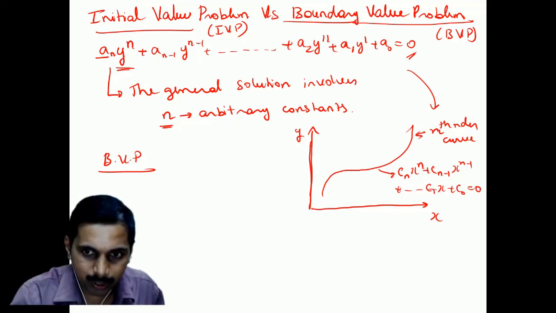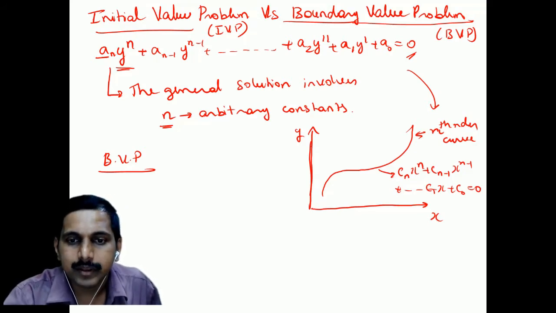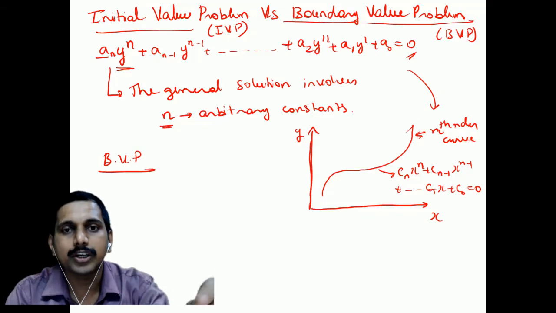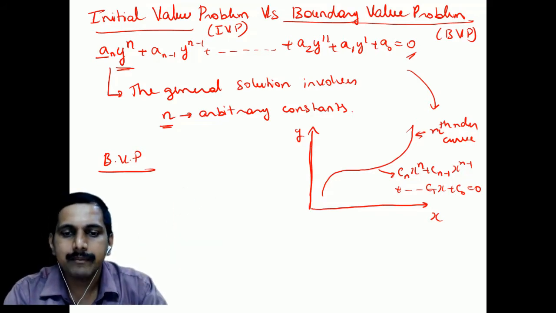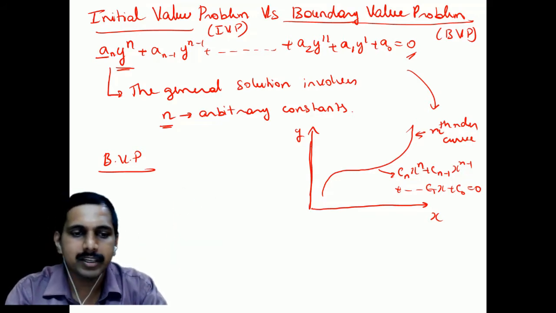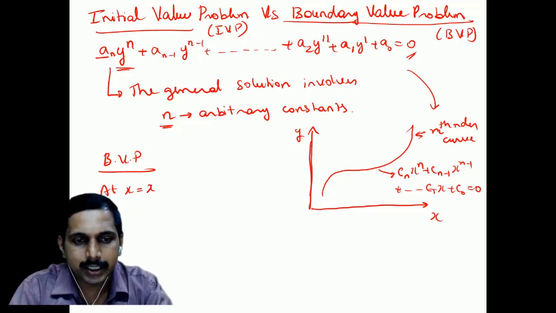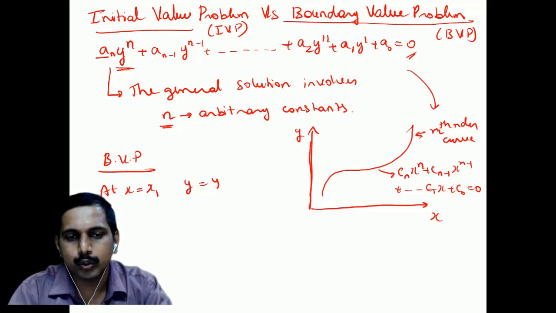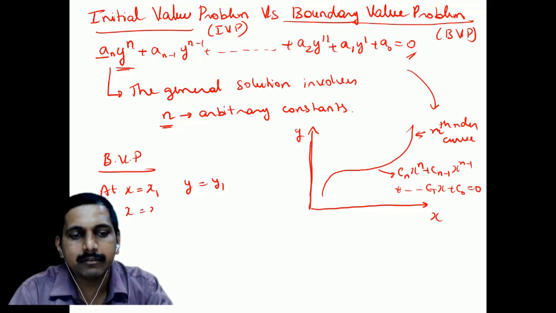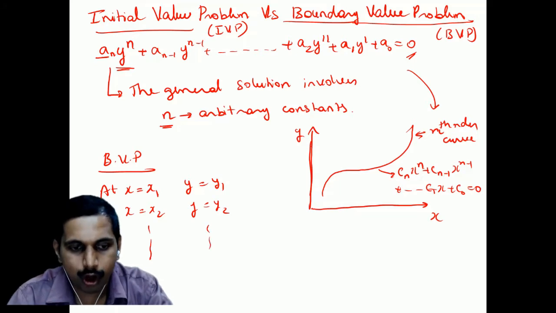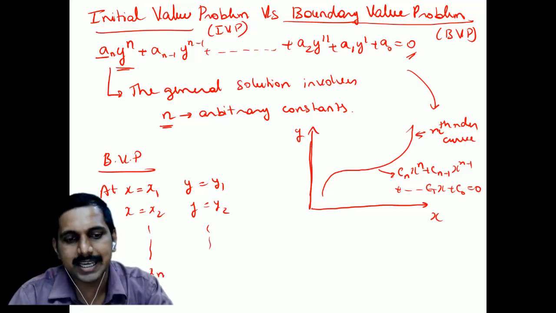Now if I say at different boundaries, what is the value, here if it is an nth order curve, I will say at x is equal to x1, y is equal to y1, at x is equal to x2, y is equal to y2, and so on, at x is equal to xn, y is equal to yn.